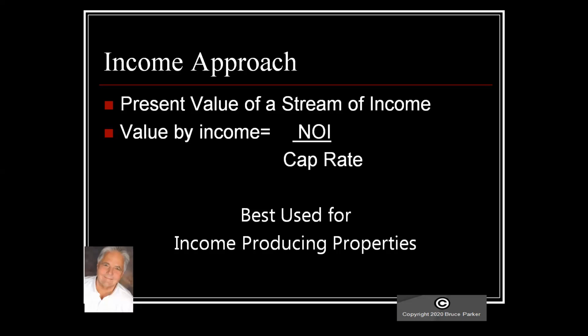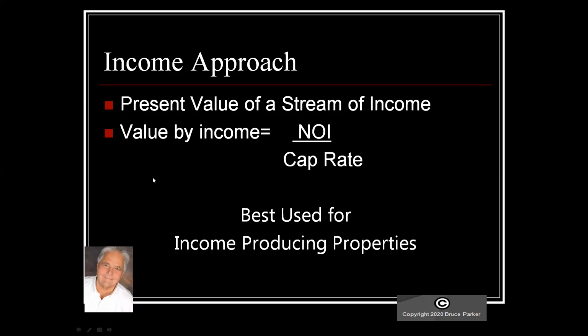And the way we come up with that number is the net operating income divided by the cap rate. And this kind of appraised value is best for income producing properties, apartment complexes, maybe a strip mall, maybe a factory.